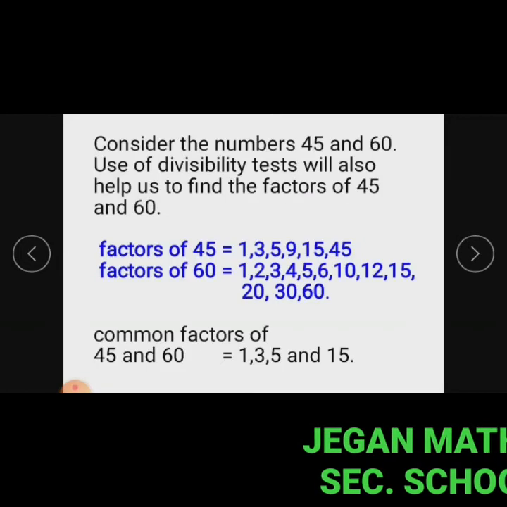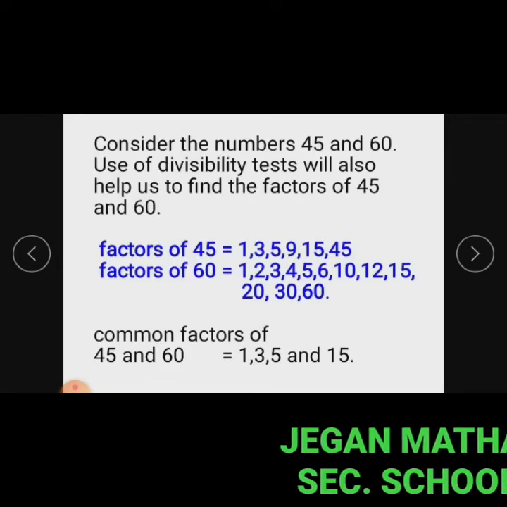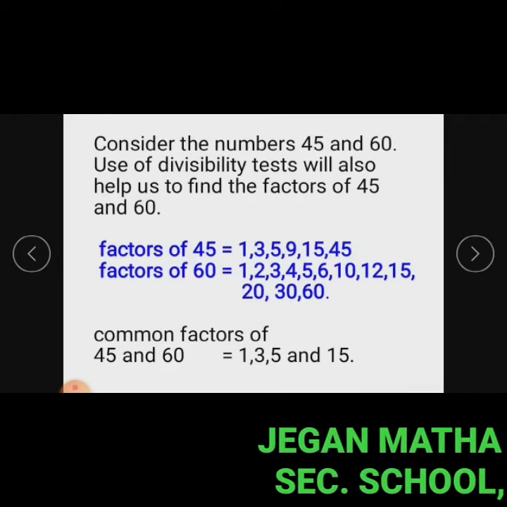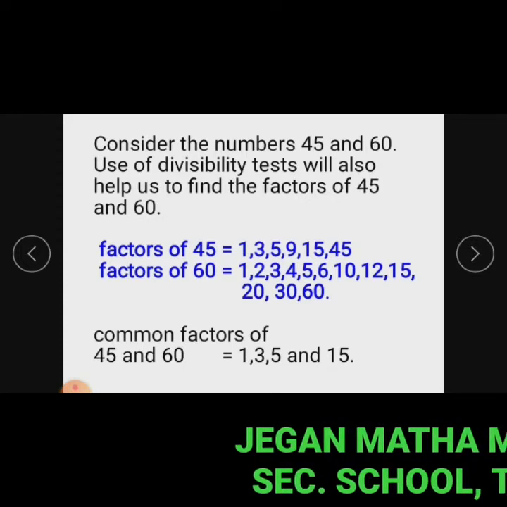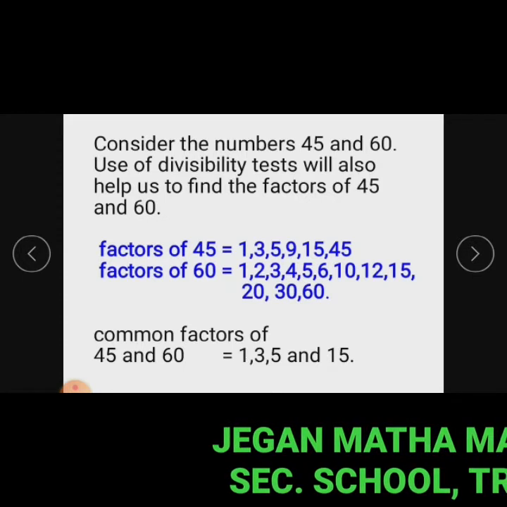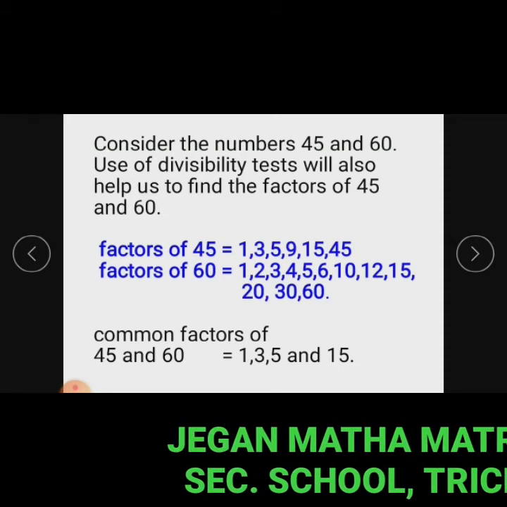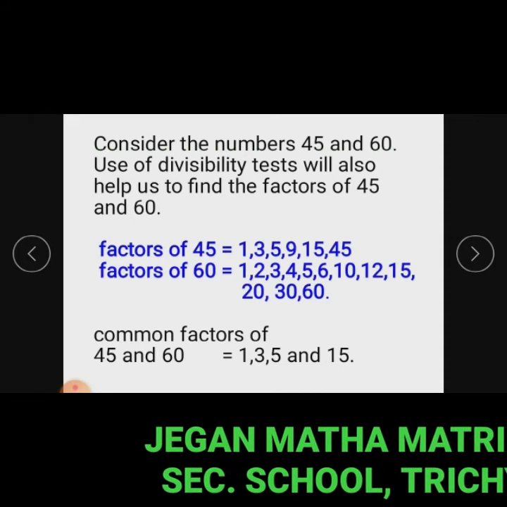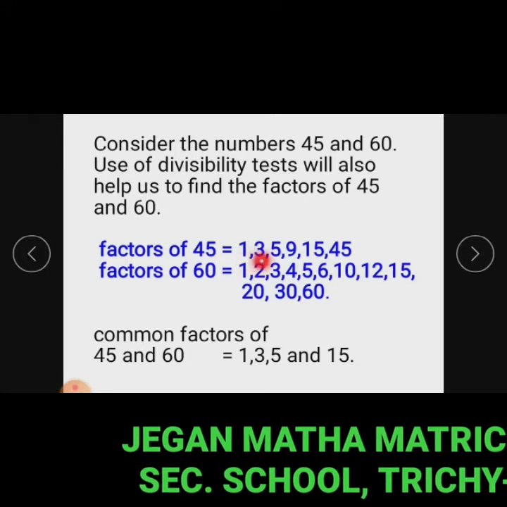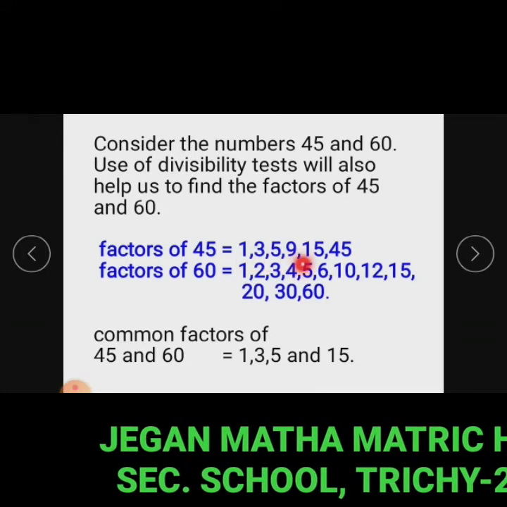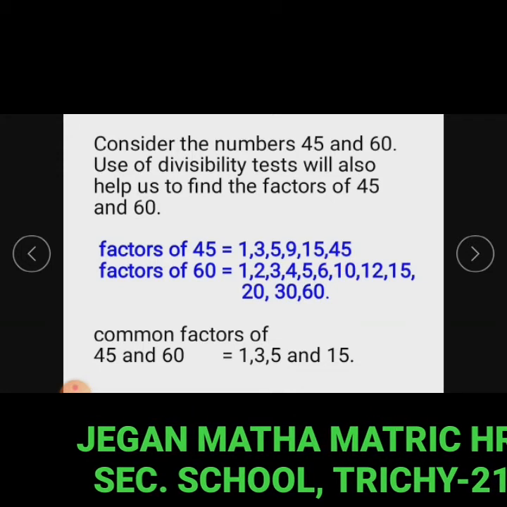Common factors. Consider the numbers 45 and 60. Use of divisibility tests will also help us to find the factors of 45 and 60. Factors of 45 equal 1, 3, 5, 9, 15 and 45.